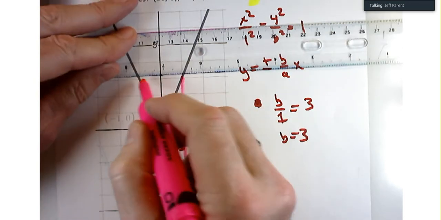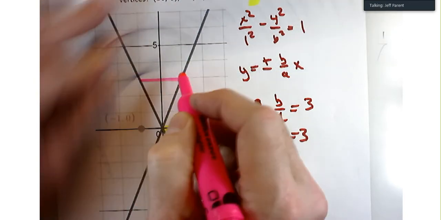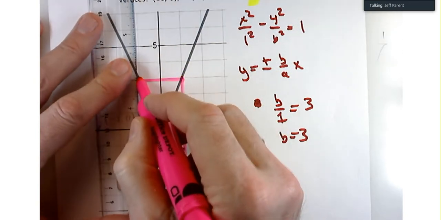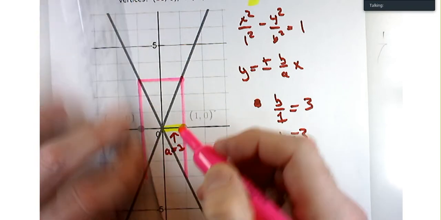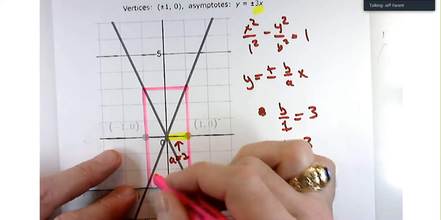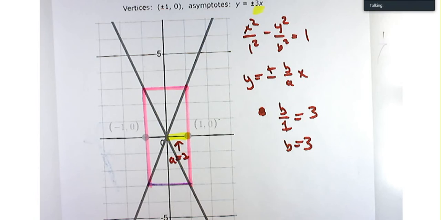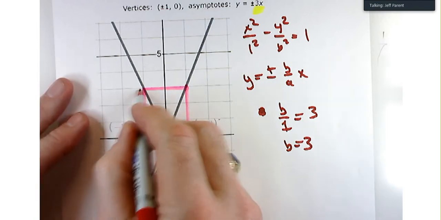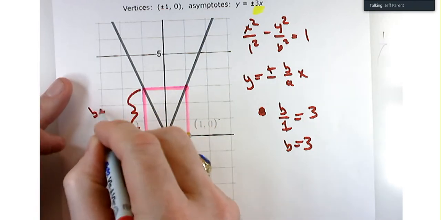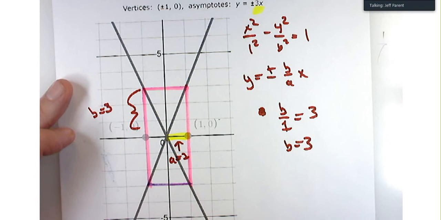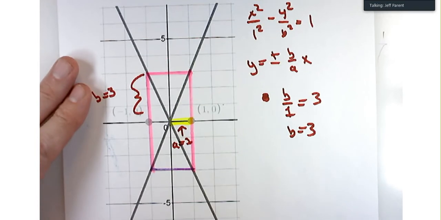So here, like that, and again through here. So the height here, or the value of b, is really just going to be right here. B equals 3. That's another way to get the value for b.